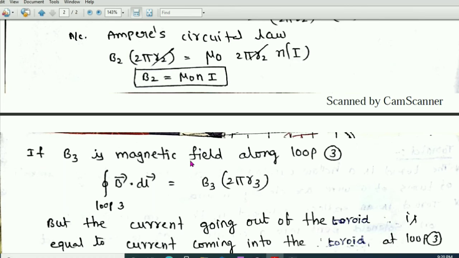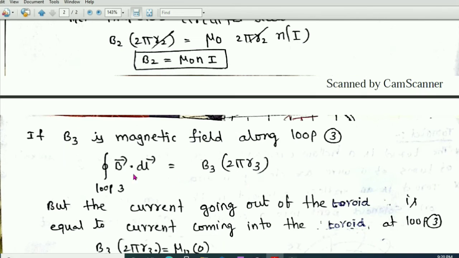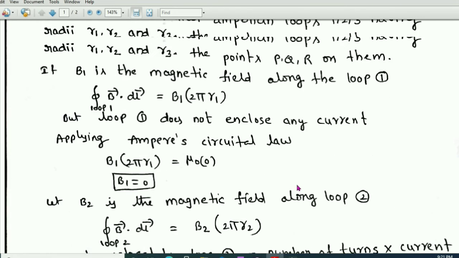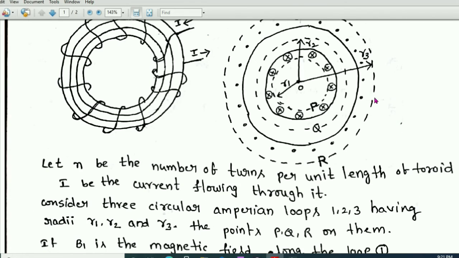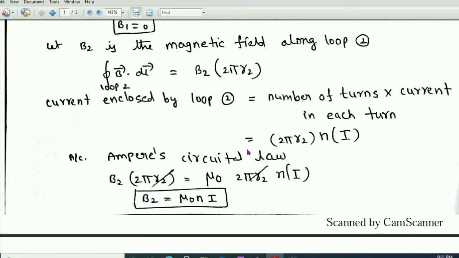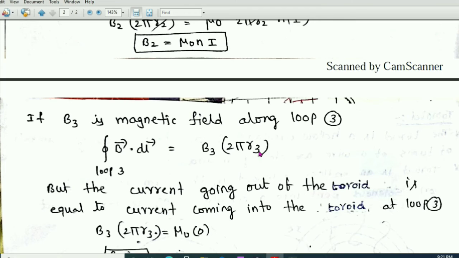So the line integral of B bar dot dl bar along loop 3 is equal to B3, because the magnetic field along loop 3 is B3, and the integral of dl is the total length of loop 3, which is 2 pi r3, because the radius of loop 3 is r3.